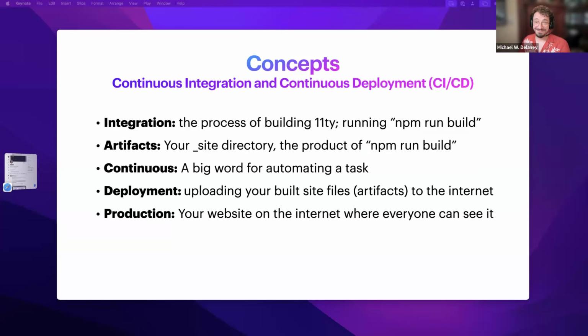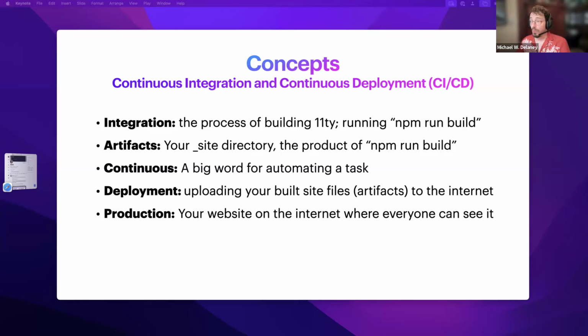Continuing with concepts. Continuous integration and continuous deployment are daunting terms, and I want to try to break down what they mean and how they fit together. I want to go through some of these terms and demystify them, hopefully.